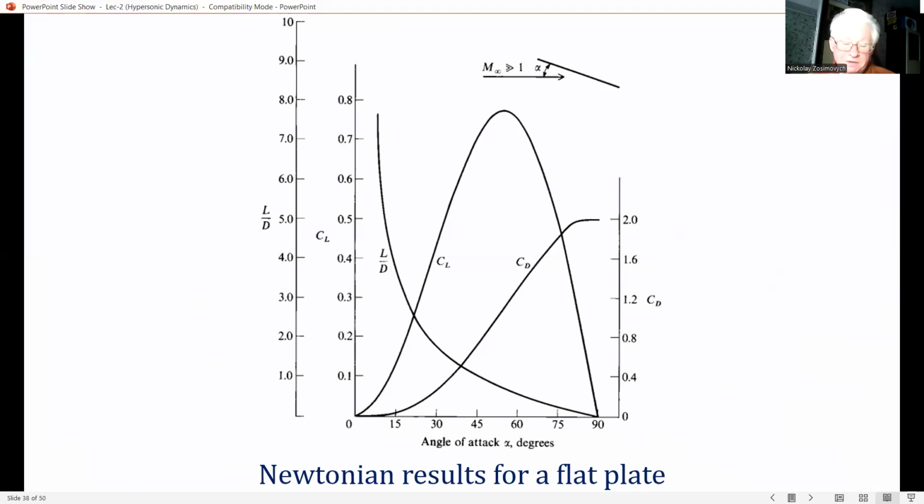The lift curve peaks at about 55 degrees, right? To be exact, it can be shown from Newtonian theory that maximum CL occurs when alpha equals 54.7 degrees. The proof of this is left as a homework problem, okay?